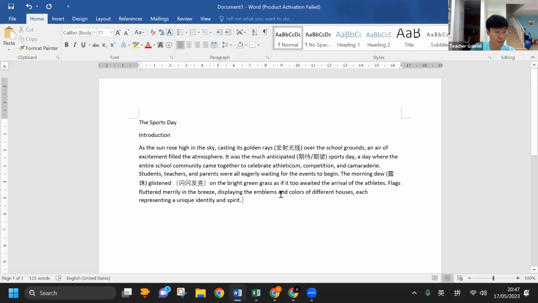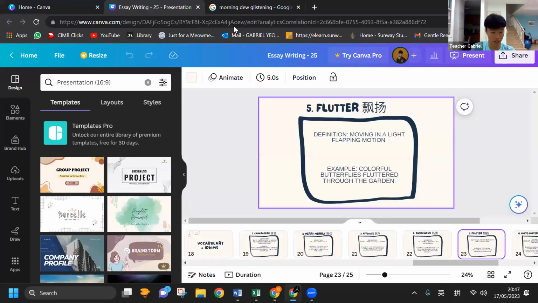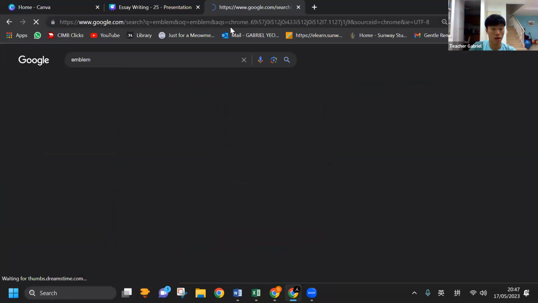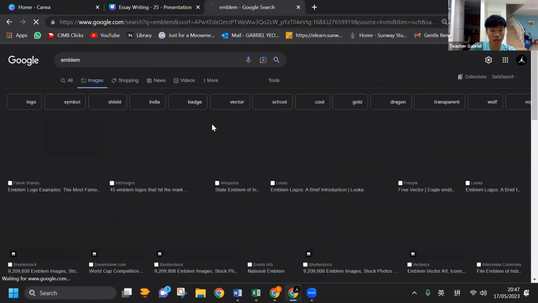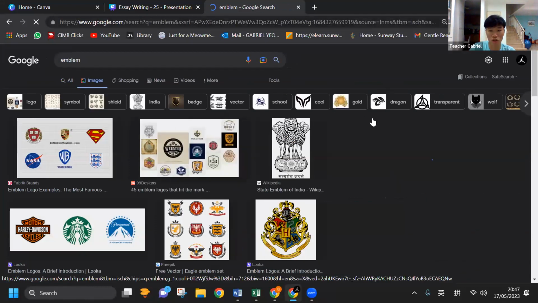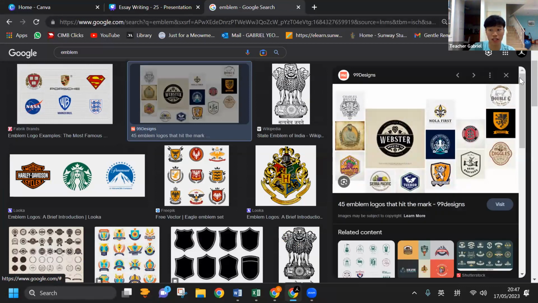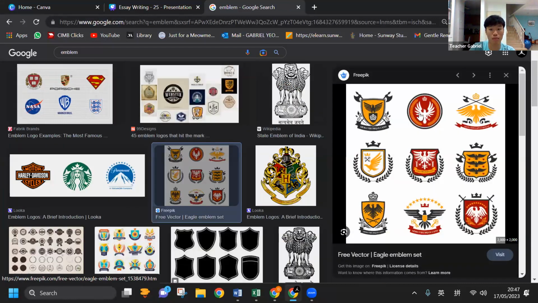Then displaying the emblems and colors. Emblem 是好像你的团队, 你的 house 有这个 emblem 这些东西, these are called emblems.